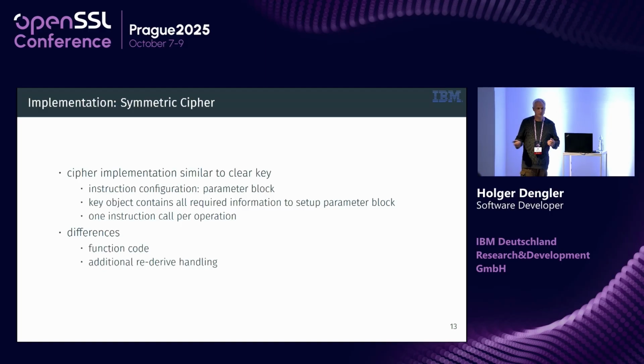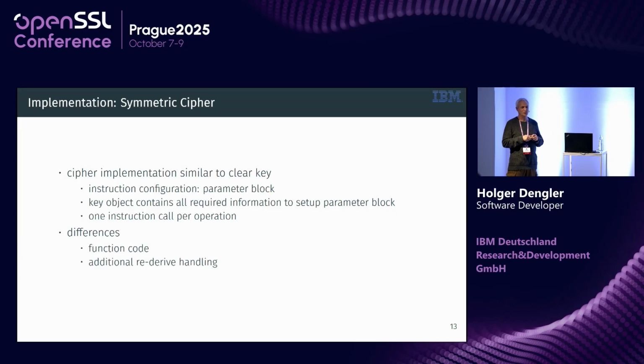As Reinhard already mentioned, we have instructions doing full modes of operation, and we will in a similar way configure these instructions. So we will prepare the so-called parameter block. We will point to the protected key blob instead of a clear key blob, and then just call the instruction, and the magic will happen.